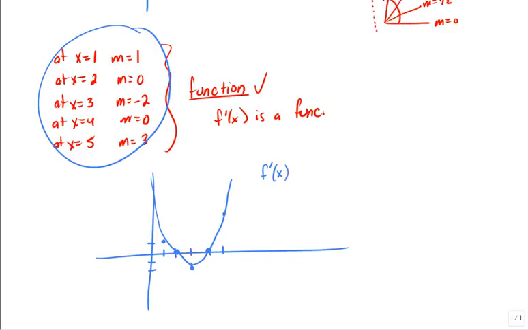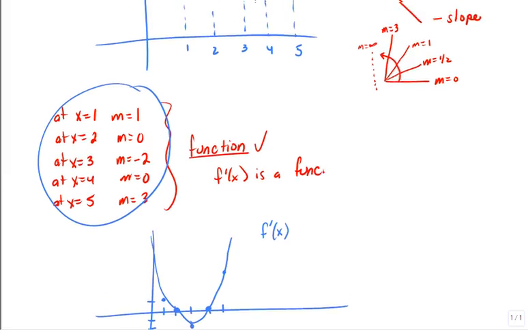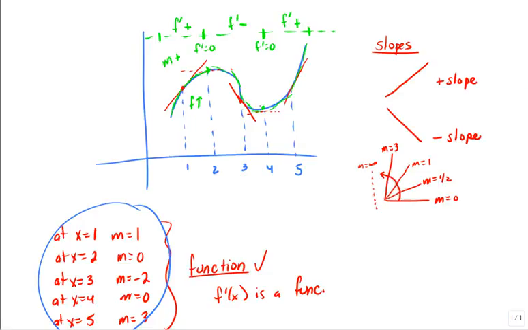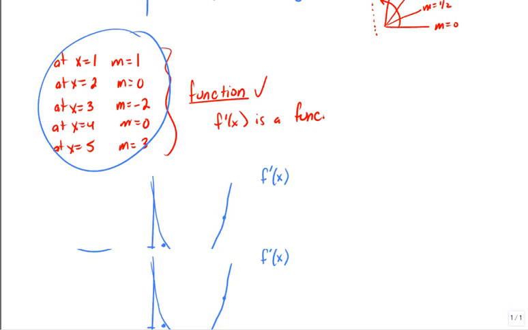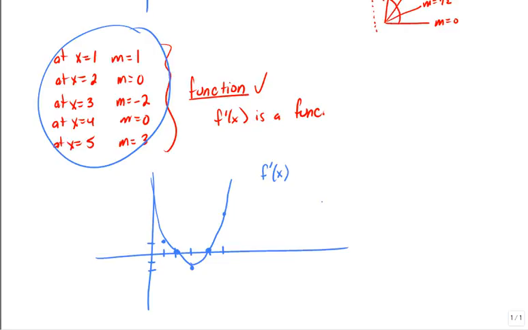So this is the graph of f prime of x, which is a function, so we know it's connected. This graph is f of x, and we can get the graph of f prime of x. Notice where f prime is negative is between 2 and 4, and here f prime was positive, it's above the x-axis, and here, again, f prime is positive from 4 to 5.